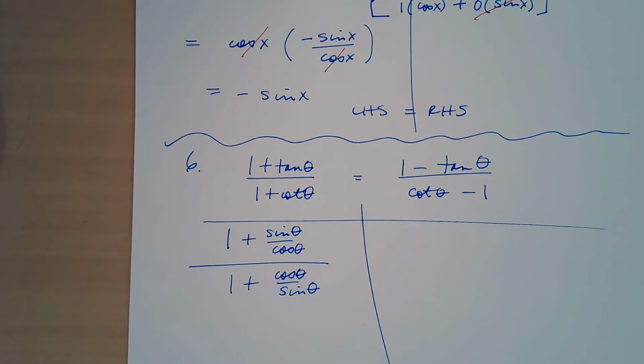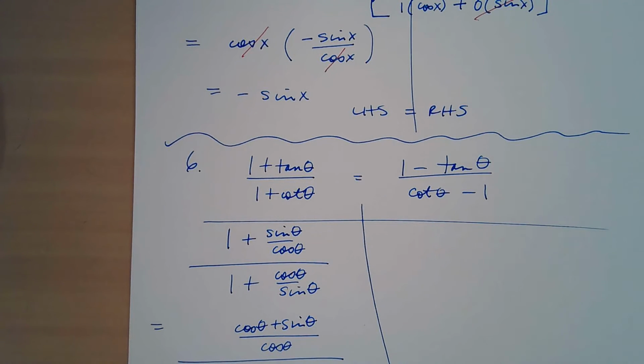Okay, so I'm not going to bother writing every step out. The LCD would be cos, right? So on my top I would get what? Cos plus sine, all over cos, divided by sine plus cos, all over sine.